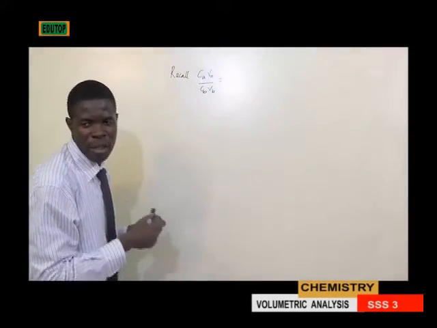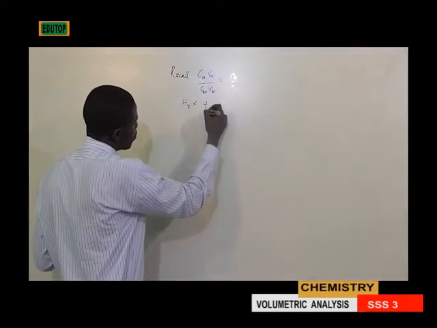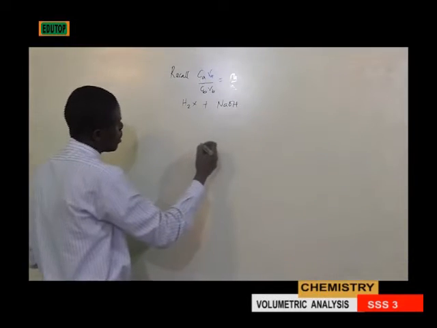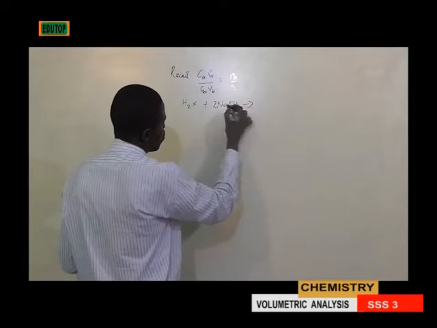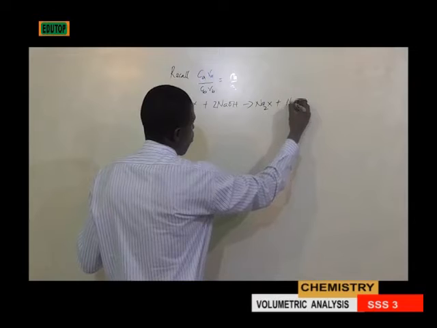The reaction is H2X plus 2 sodium hydroxide gives Na2X plus water.